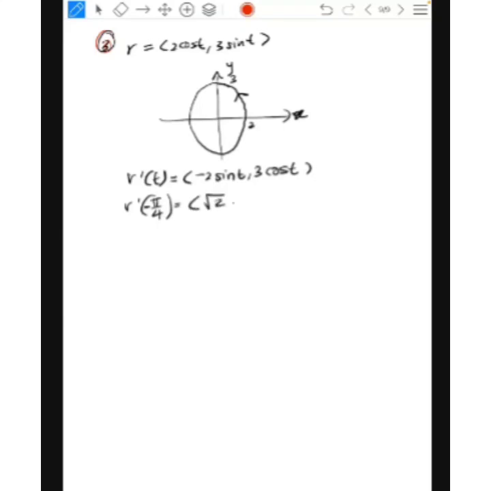So we have square root 2 and 3 square root 2 over 2.